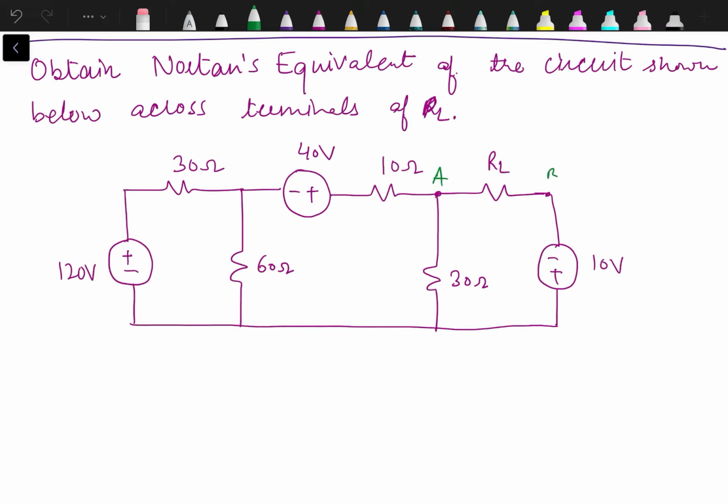These terminals are shifted from here to this side. The rest of the circuit is almost the same. So the procedure for calculating ISC is exactly the same as the previous one. For calculation of RN, again we will have a similar type of equivalent circuit.